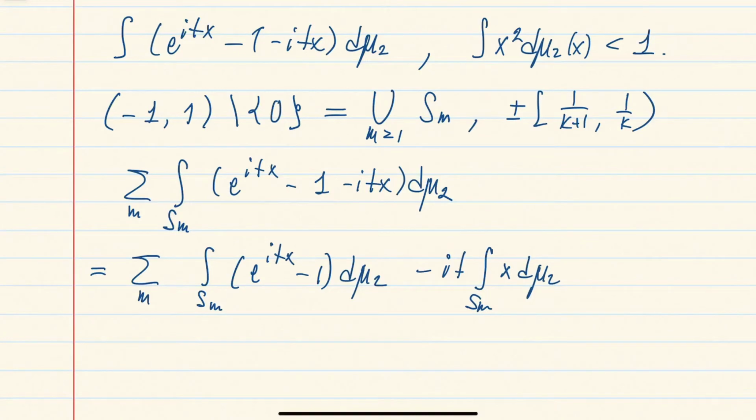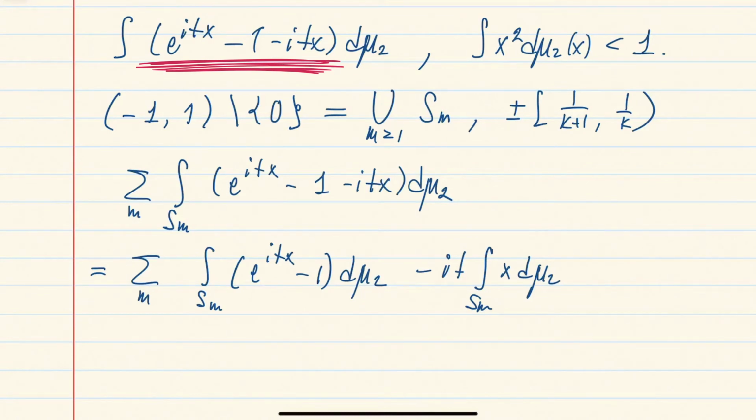Now, we cannot do this for the original integral because the measure mu2 can blow up at 0, and that's why the integrand is of the order x squared near 0. But once we split the integral into this series like this, because each interval is separated away from 0, both integrals now are well defined.